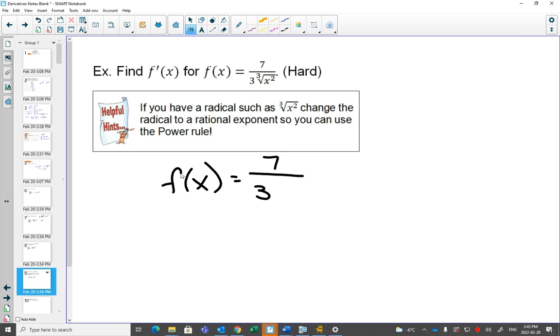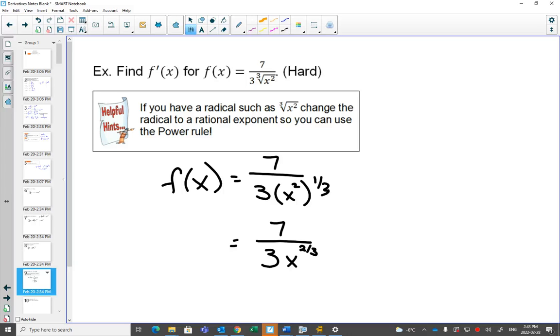Here, I'll do it really slow. I would have x squared to the third. And then you have to know your exponent rules for what happens when you have a power to a power. You multiply. So I would have 2 over 1 times 1/3. So now I've got x to the 2/3.